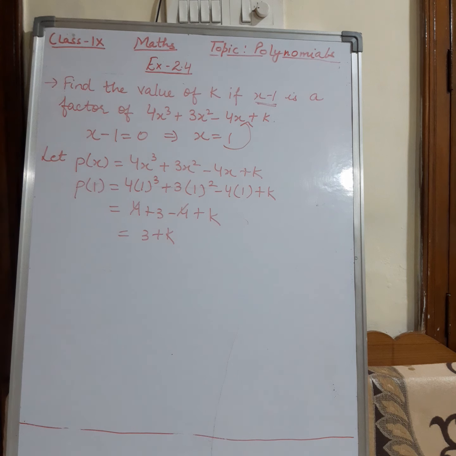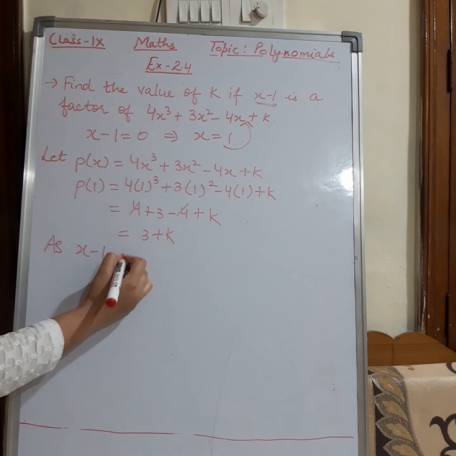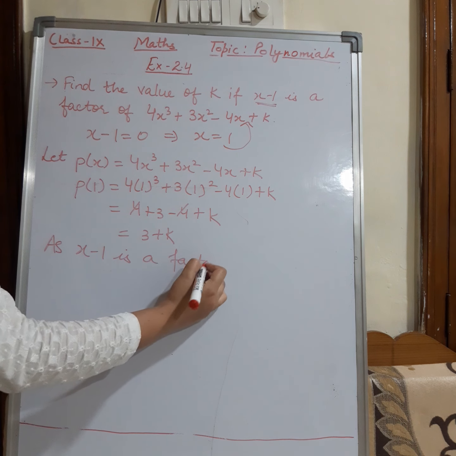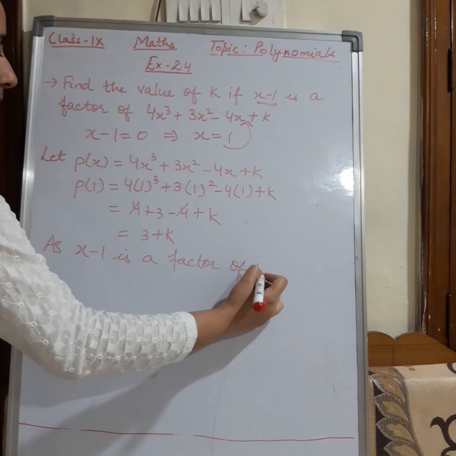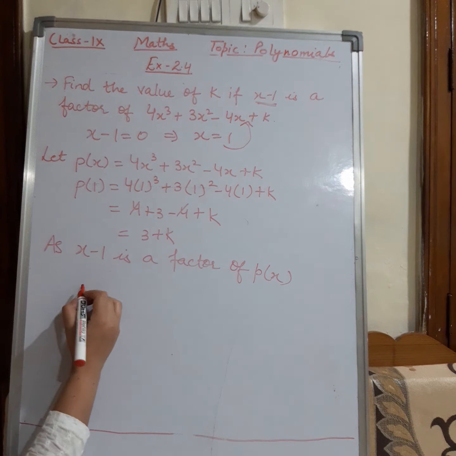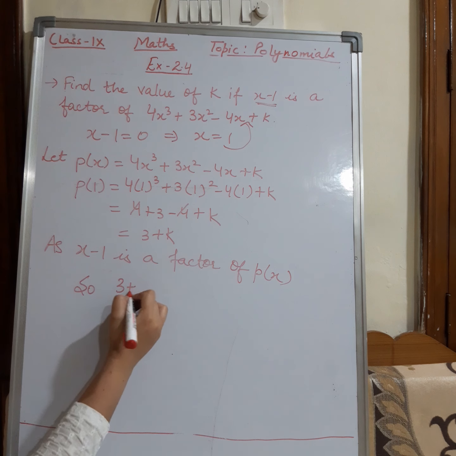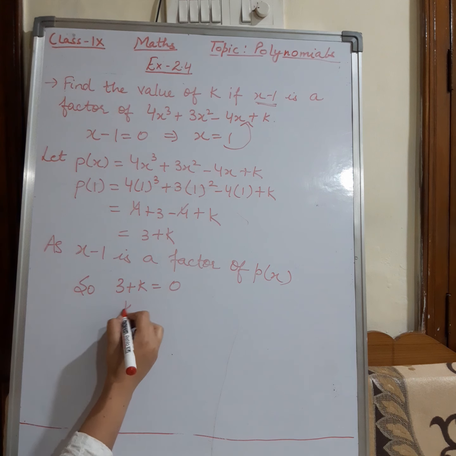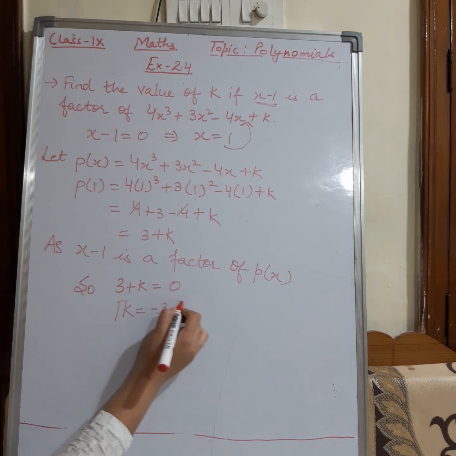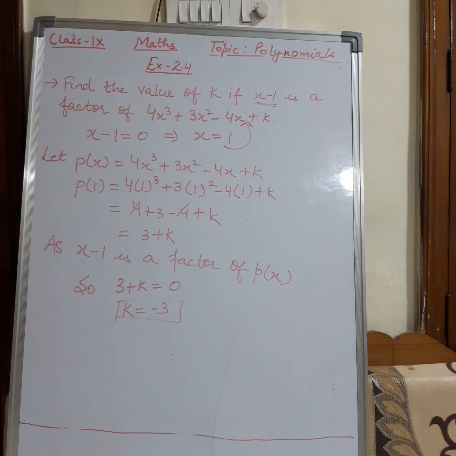Now by using remainder theorem, this is my remainder. According to the given condition, my remainder should be equal to 0. So I'll write that x minus 1 is a factor of p(x). So 3 plus k should be equal to 0. That means the value of k will be minus 3. This is my answer.